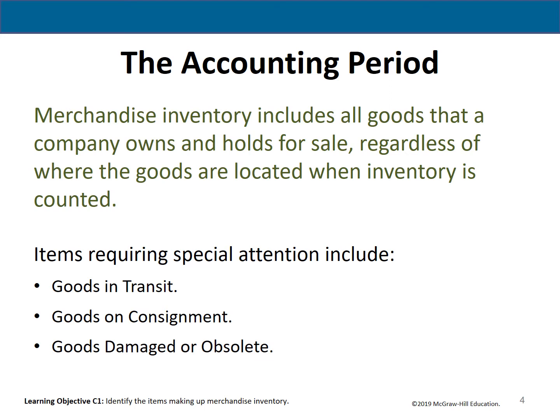Sometimes we have to give special items attention, like goods that are in transit, on the truck or the airplane on their way to us. The question is, do we own them? And if we do, are they in inventory? Are they in inventory and they shouldn't be? Goods on consignment and goods damaged or obsolete.